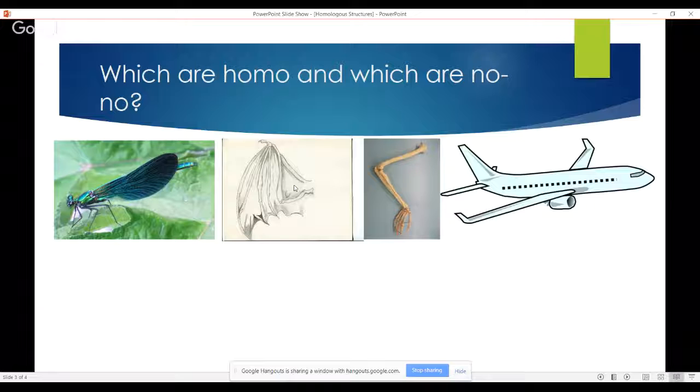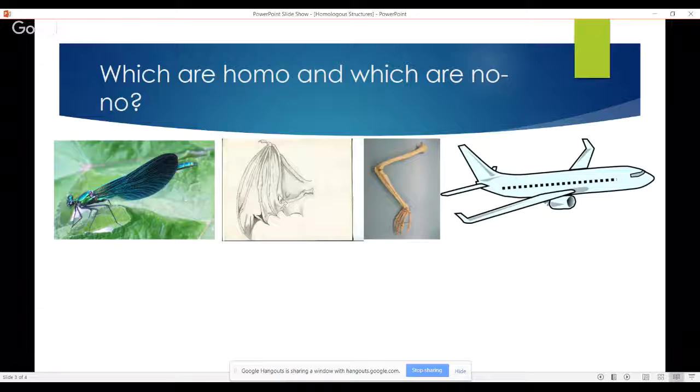So if we take the bat wing and compare it with the human arm, we actually see some interesting similarities. This bone here, at the base of the bat's wing, is the same as our upper arm bone.